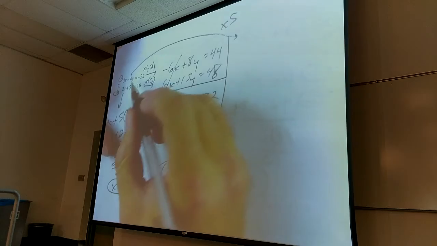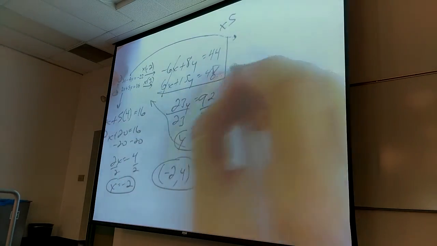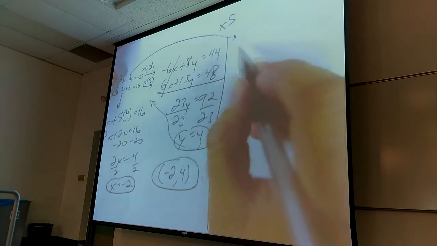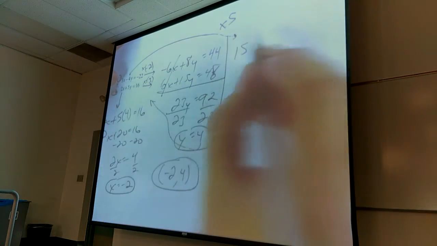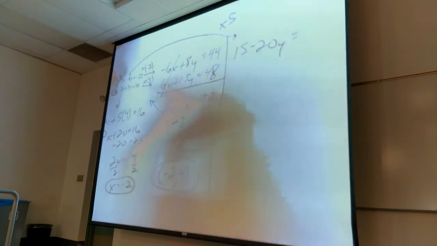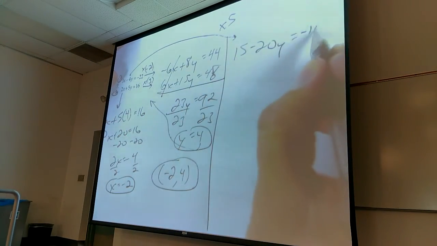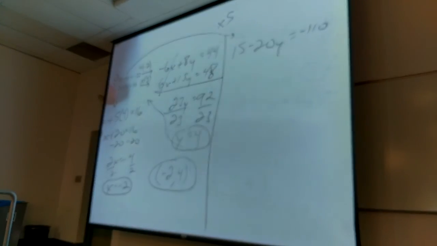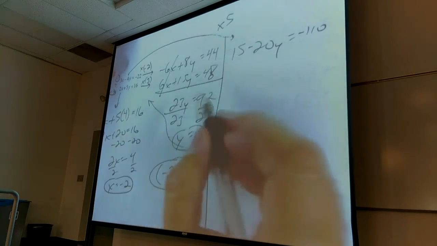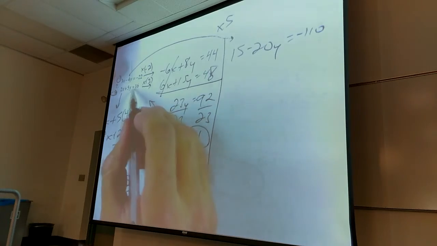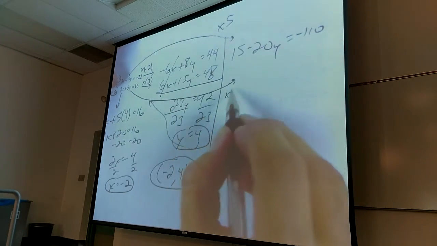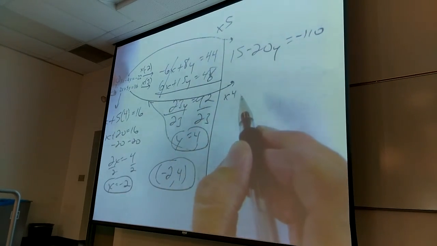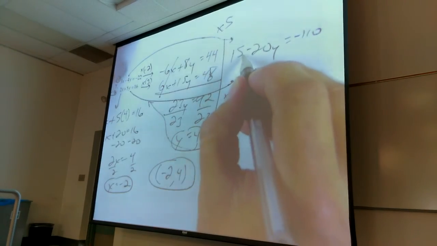So if I multiply the first one by 5, what do I get? 15x minus 20y. Just to cut to the chase. And if I multiply this one by 4, well, I left my x out, didn't I?